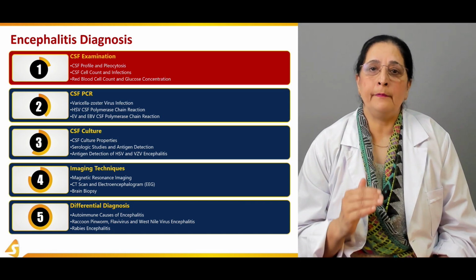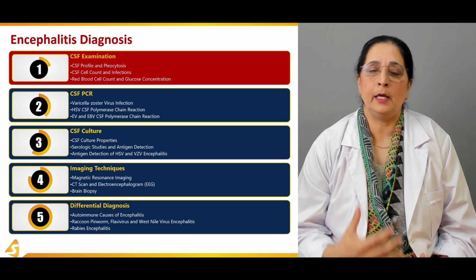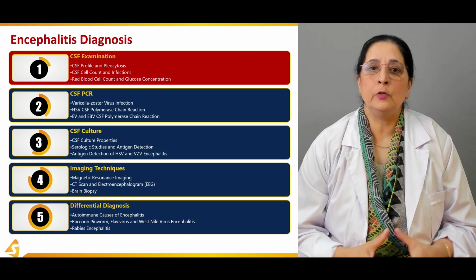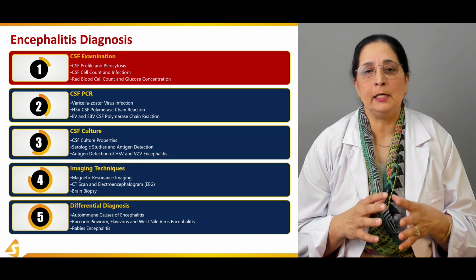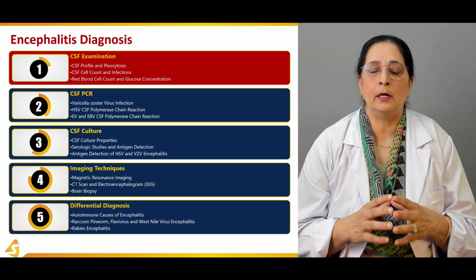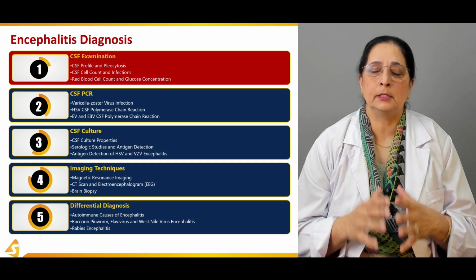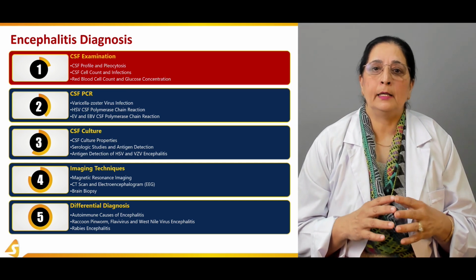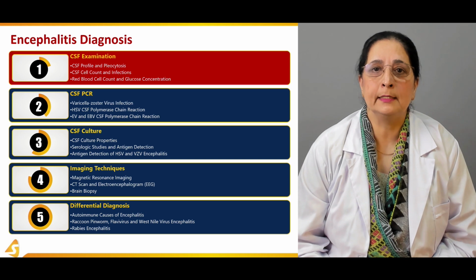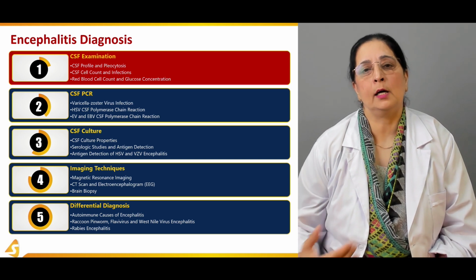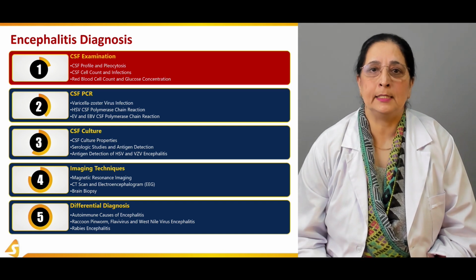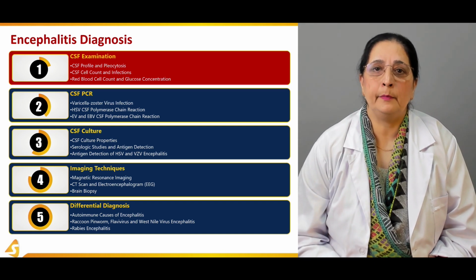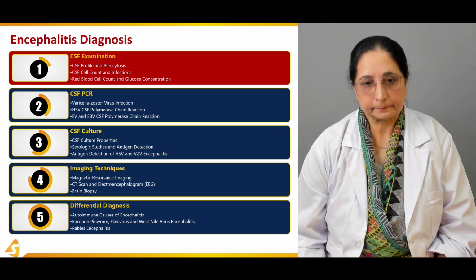And remember, in this lecture, we are talking about the diagnosis of encephalitis. So we will strictly limit our subject to the cerebrospinal fluid examination and what are the features associated with the encephalitis in the cerebrospinal fluid.